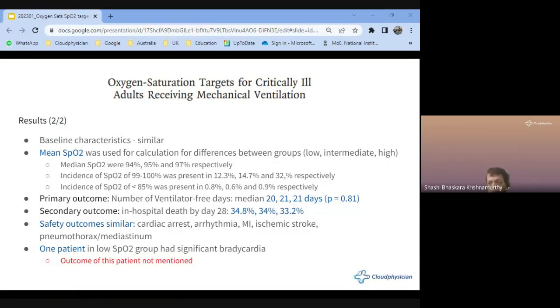Safety outcomes in all three groups, the incidence of cardiac arrest or arrhythmia, strokes, or complications of ventilation remained similar. Only one patient had a significant bradycardia. This is the one in the low saturation group. But what happened to this patient has not been mentioned, which would have been interesting, whether it went into cardiac arrest and died, or it goes into the primary outcome that patient did survive.